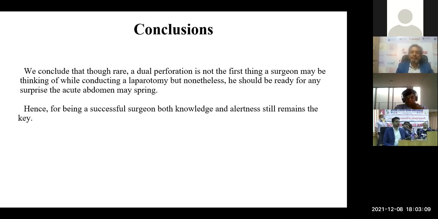Questions from Rajshekar sir? Diagnostic laparoscopy would have been better if it had been done prior to the surgery. Why can't it be a diagnostic laparoscopy instead of laparotomy? Sir, because there was a rigid abdomen present, sir.